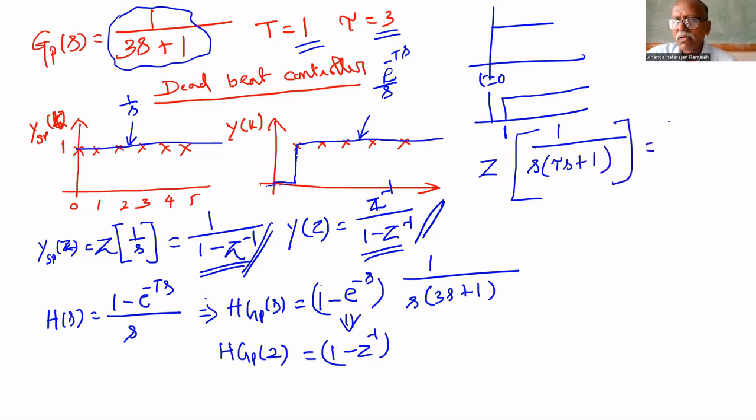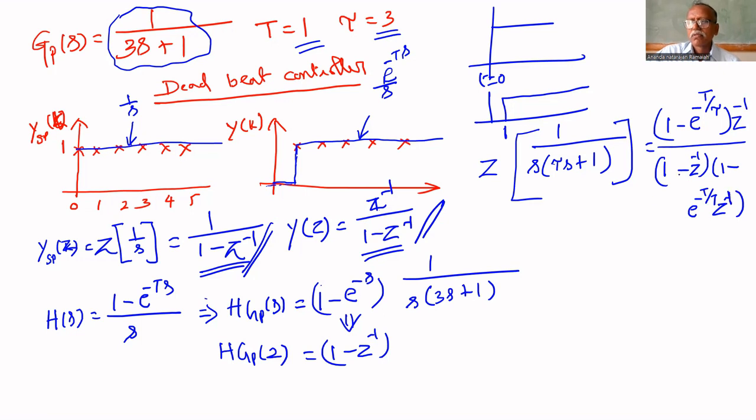For this, the standard formula is 1 minus e power minus t by tau, where t is the sampling period: 1 minus e power minus t by tau, z power minus 1, upon (1 minus z power minus 1) multiplied by (1 minus e power minus t by tau z power minus 1). This is the Z transform of this.